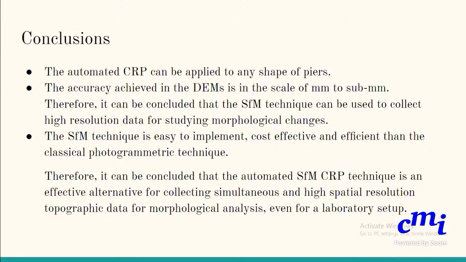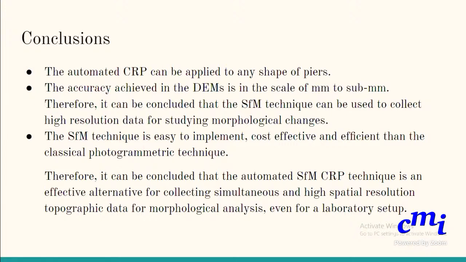Okay, so for the conclusion, in the paper they have used circular pairs and hexagonal pairs. So closed range photogrammetry can be used with any shape of pairs, and the accuracy achieved in DEMs is on the scale of millimeter to submillimeter.